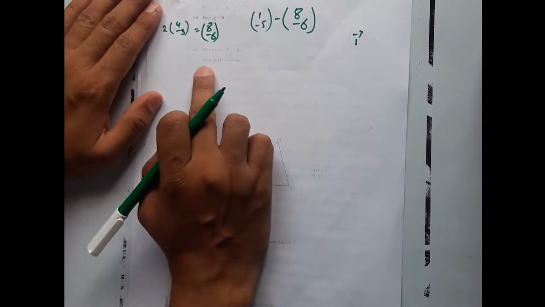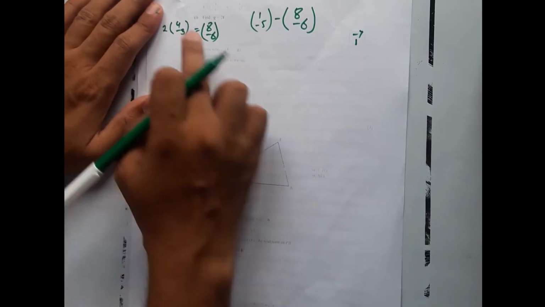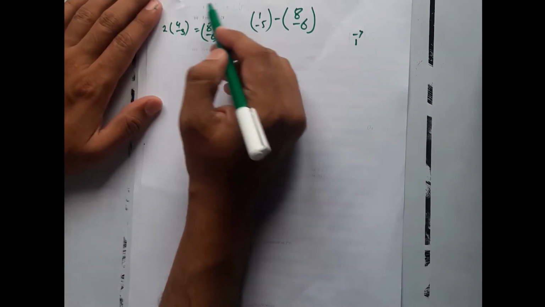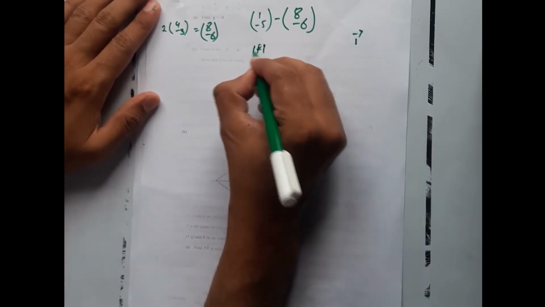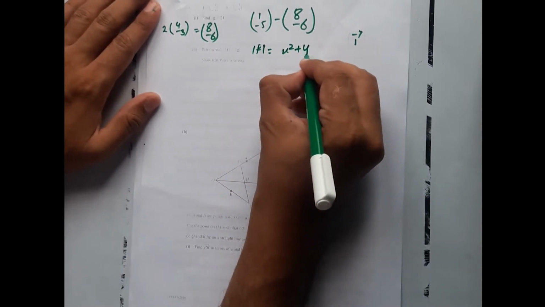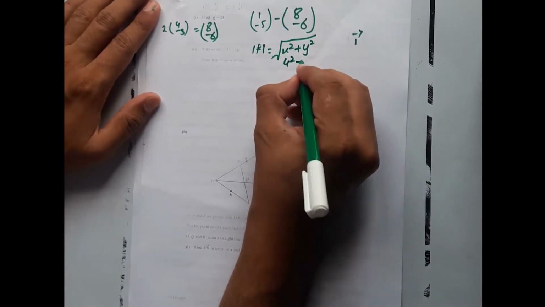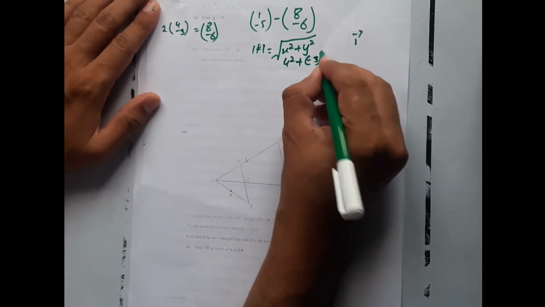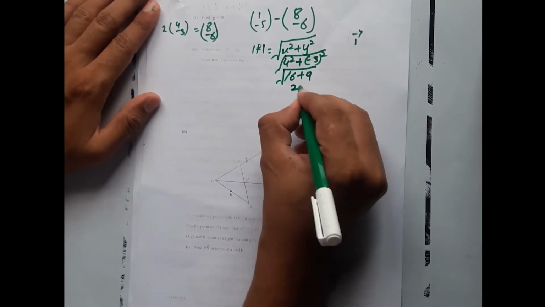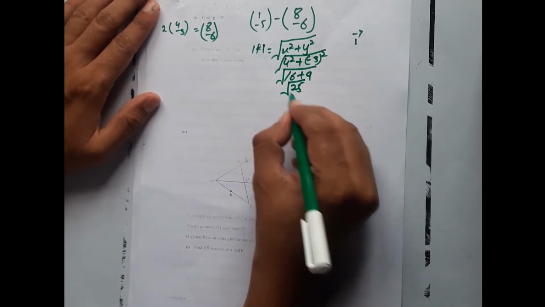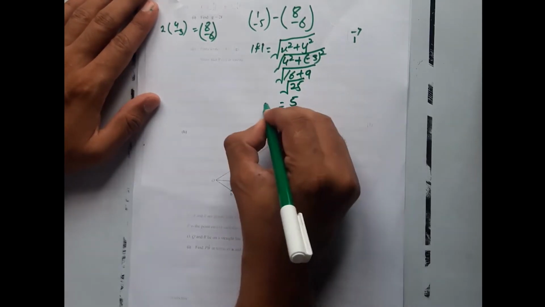First we will find the determinant of F. We know the formula will be the square root of x square plus y square. x is 4, so 4 square plus minus 3 whole square, 16 plus 9, which is equal to 25. Under root 25 is equal to 5. So the F determinant is this.